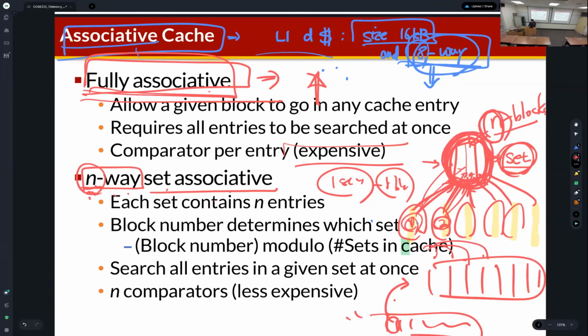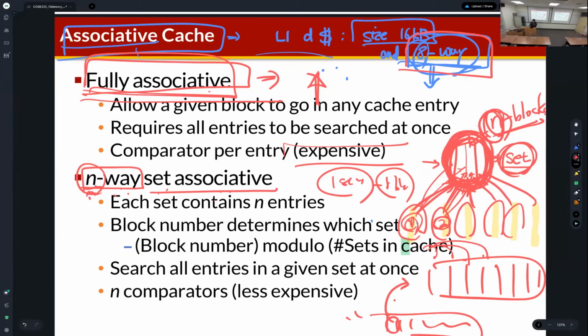One cache set can store multiple blocks. Understand? So I said that if a single set can store up to n blocks, then this cache is called the n-way set associative cache. So what does it mean?